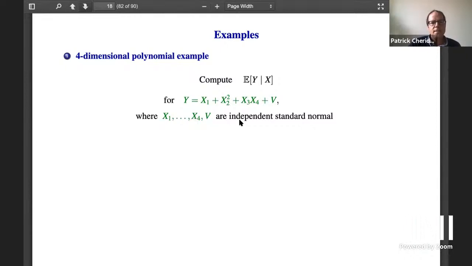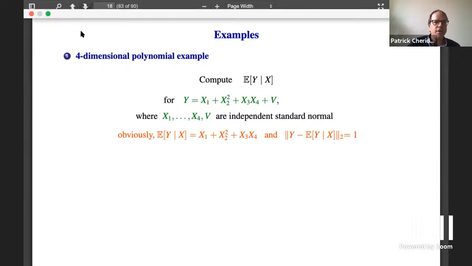And they're all independent standard normal. And I'm writing y as this polynomial of the x components, and I'm adding a noise term v, which is again the independent standard normal. Okay, so obviously the conditional expectation here is just this polynomial in the x component. So I chose this example explicitly so that I could compute the conditional expectation. And the distance of y from the conditional expectation is exactly 1.